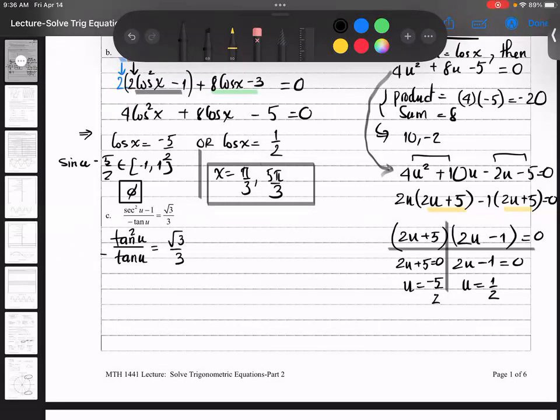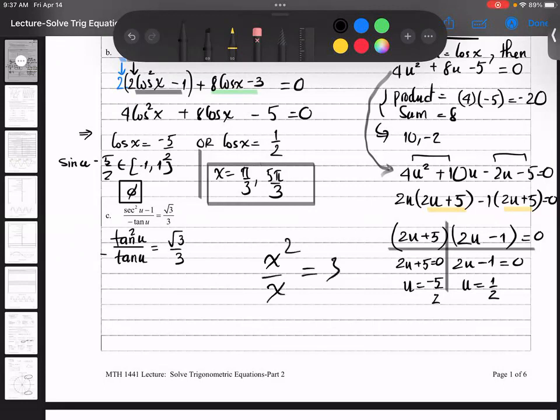Can I cancel? Should I cancel it? What did I say last time? Can I cancel the x squared with the x?